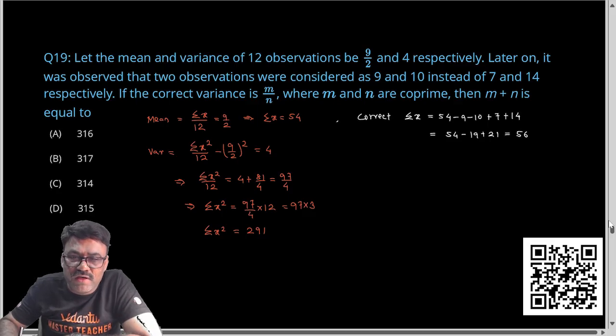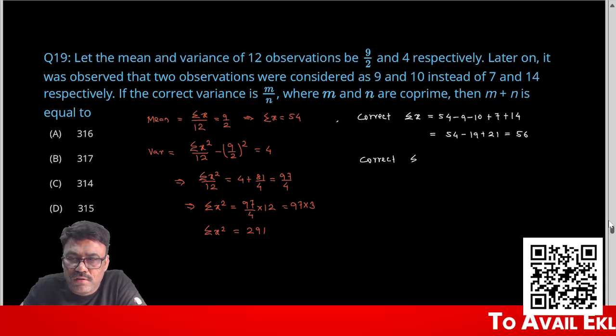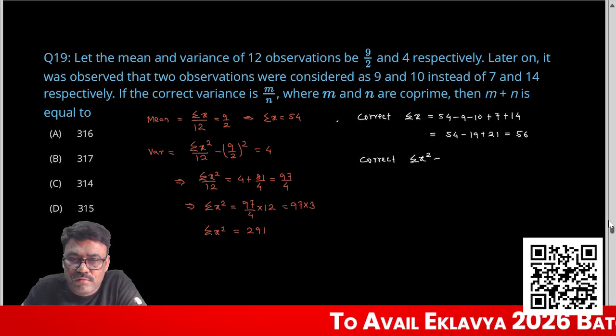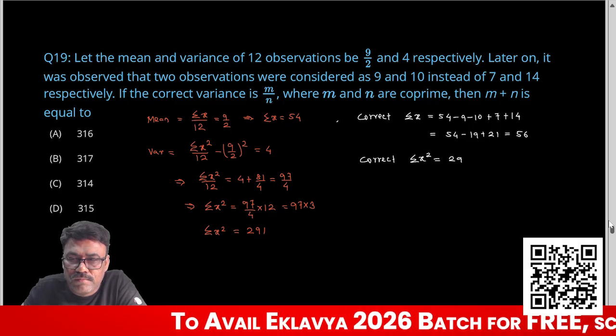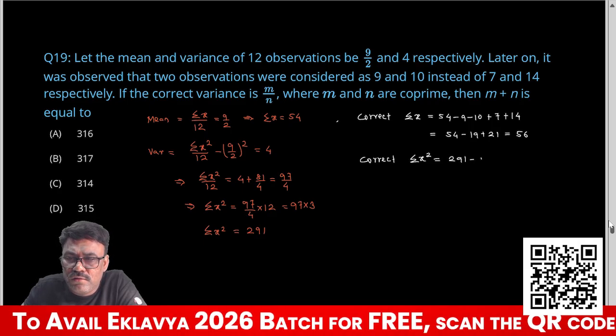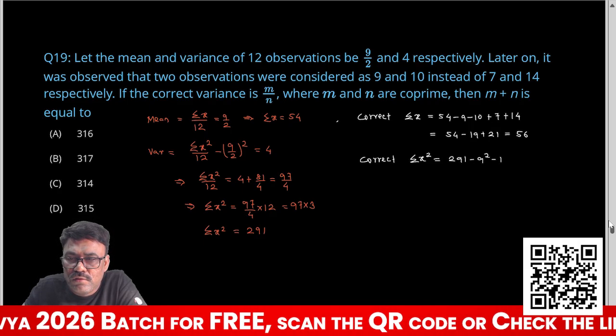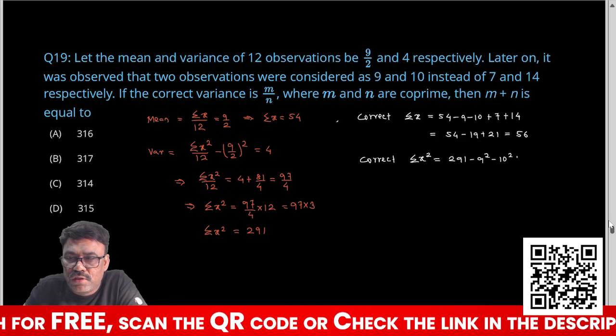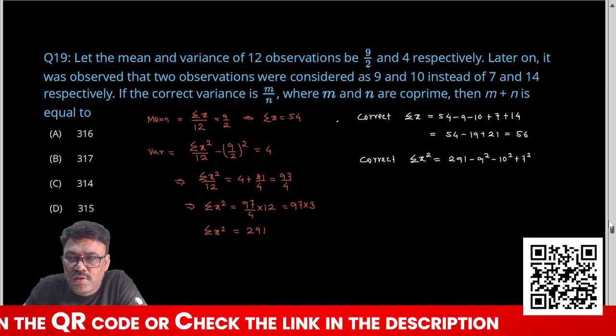Now what is the correct sigma x square? Incorrect is 291. And what is wrong here? 9 square is wrong here, 10 square is wrong here. The correct ones are 7 square and 14 square.